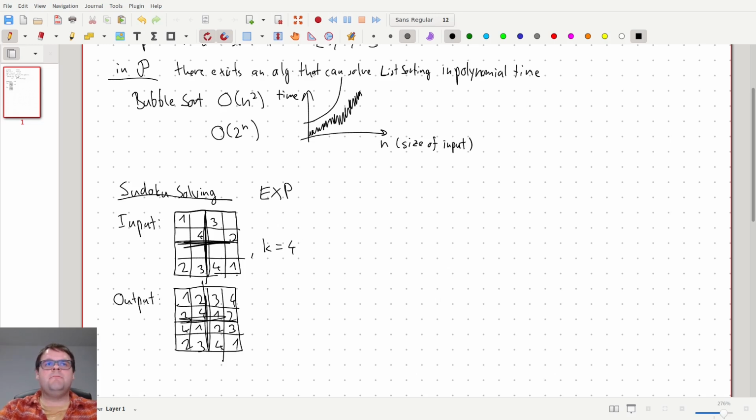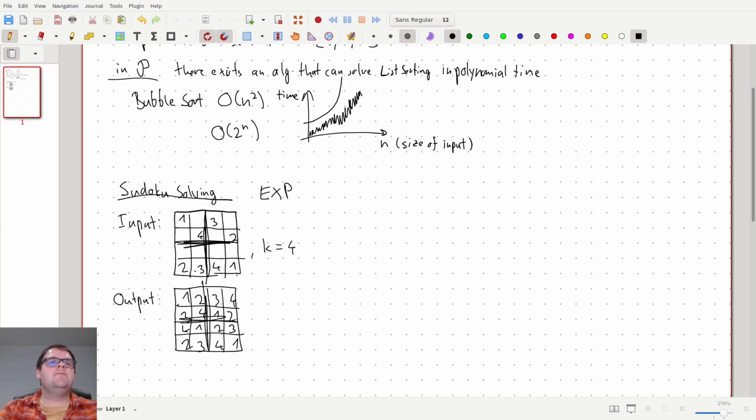But then we know that it's in EXP, but there's another property that's quite interesting about this, namely that even though it's really inefficient to solve it, we can actually verify it in polynomial time. What does that mean? It means that if given a solution, we can check that it is an actual solution in polynomial time.